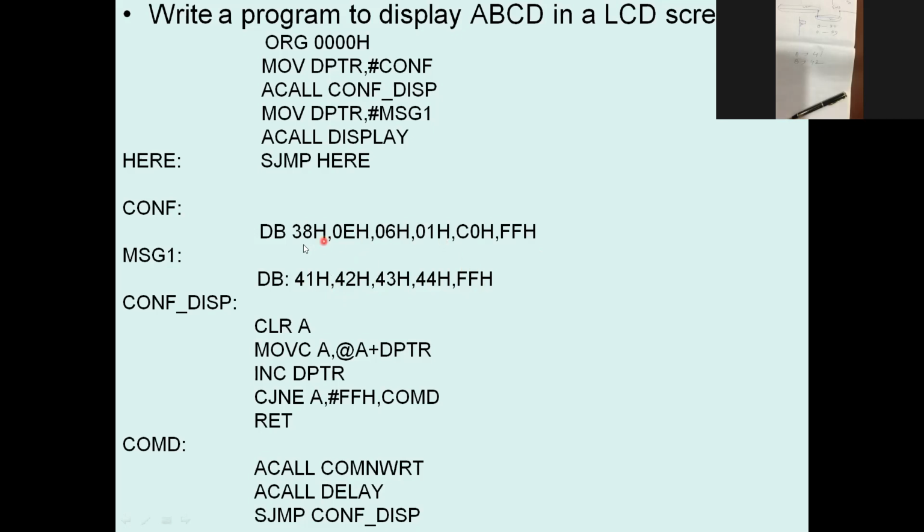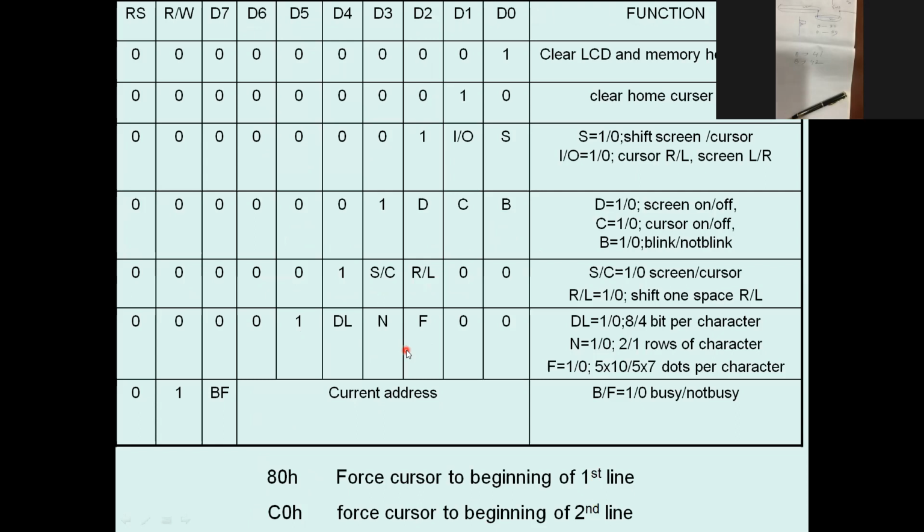And how will it be configured? That's why I have given the values 38, 0E, 06, 01, C0. What is the meaning of 38? Going into this table, 38 means 00111000. You should see which line it is connected to. Forget about these two. Just put 0011 over here.